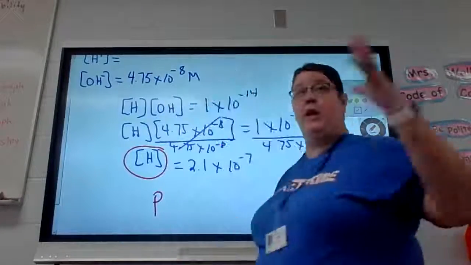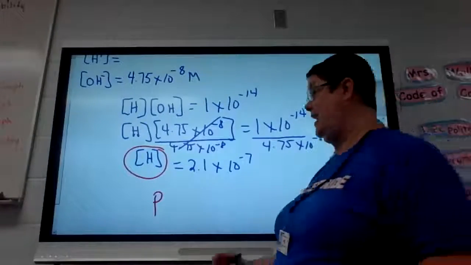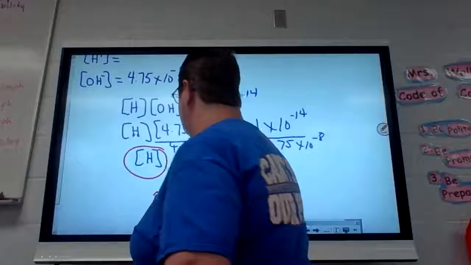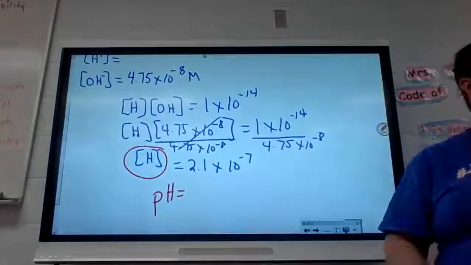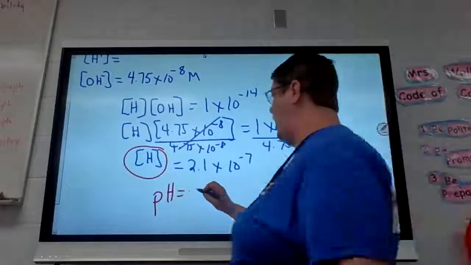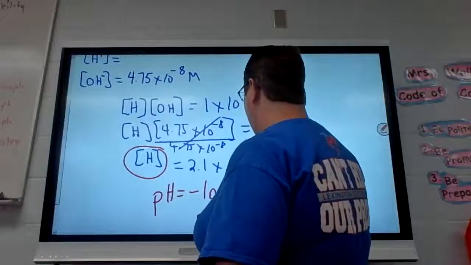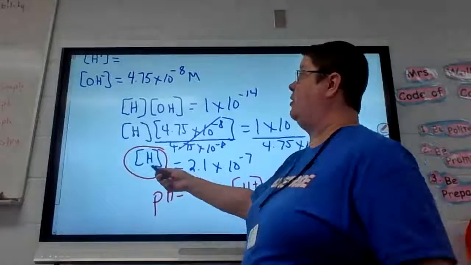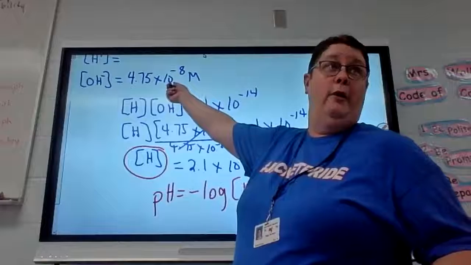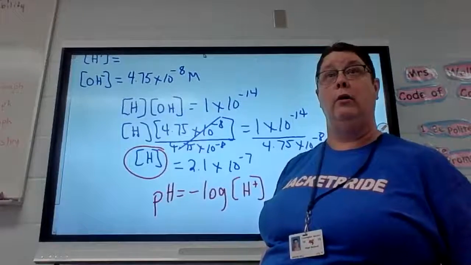So they have a pOH and a pH. I said find pH. So you want to pick the formula that says pH, and then put in the right number. So pH is the negative log of H plus, right? So you got an H here and an OH there. If they wanted pOH, you would use which number?